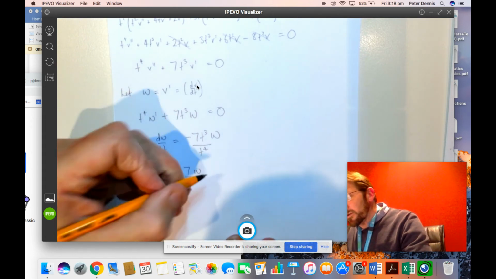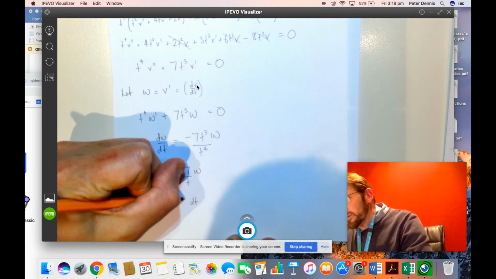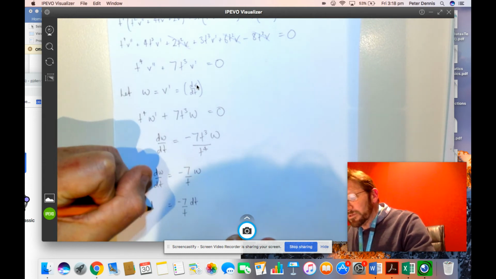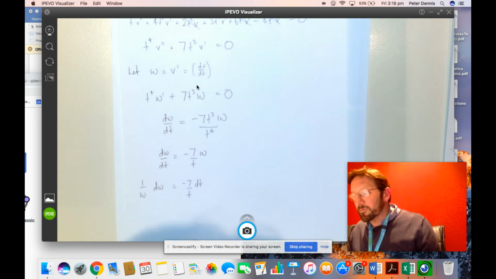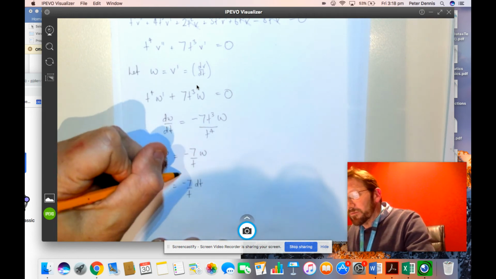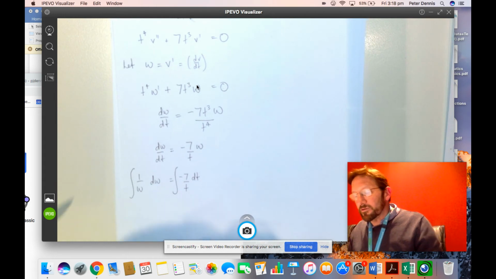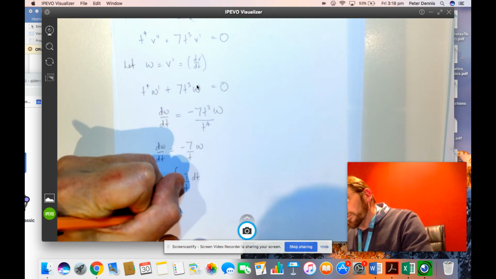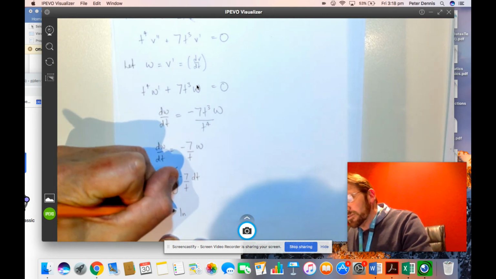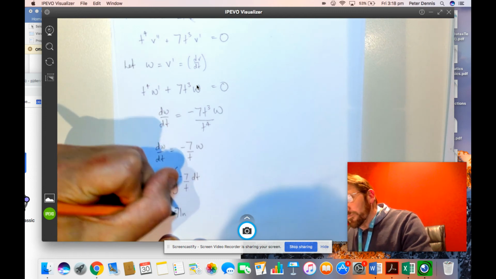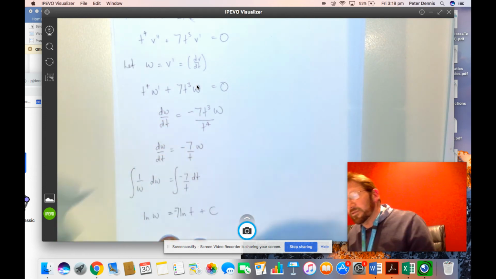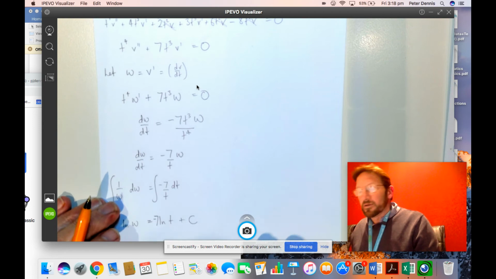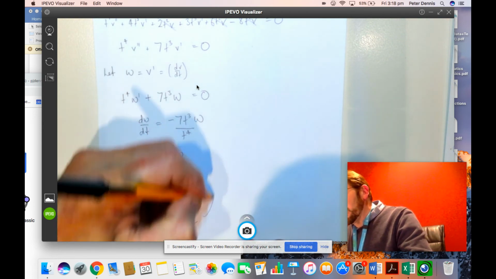So let's take the dt over here: minus 7 over t dt equals 1 over w dw. Because it's separable, we can integrate both sides. On this side we get the log of w equals minus 7 times the log of t plus c. And suddenly that's a lot easier.